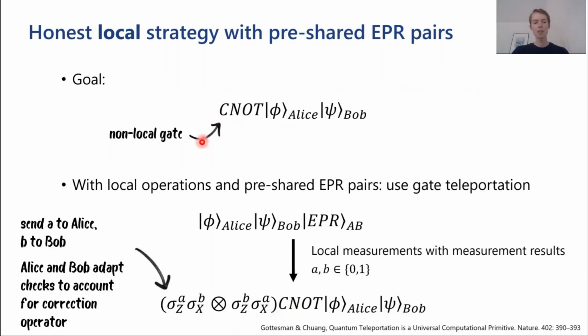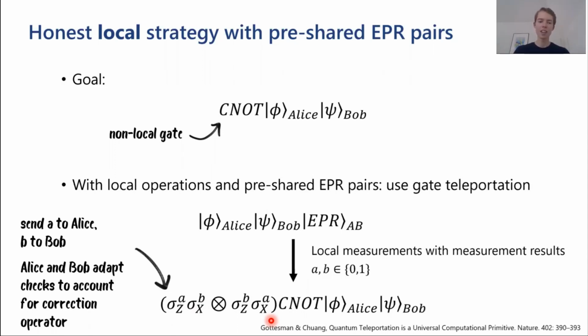And to deal with this, we can just have the device send this bit A to Alice and the bit B to Bob. And then Alice and Bob can kind of undo the effect that this correction operator had on the device's answers in the RSP protocol and check the conditions from the RSP protocol on these corrected answers.